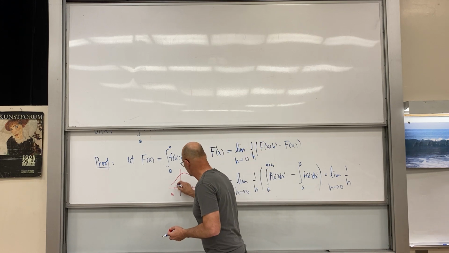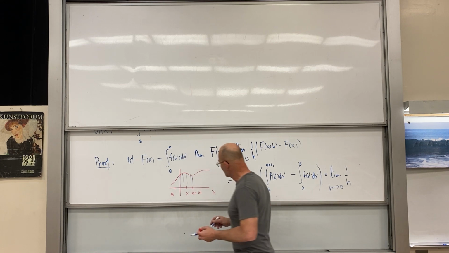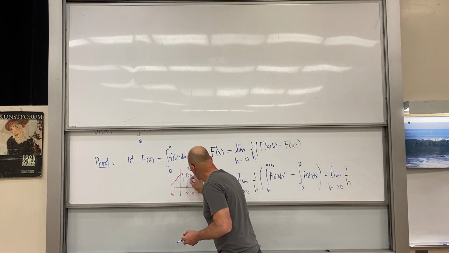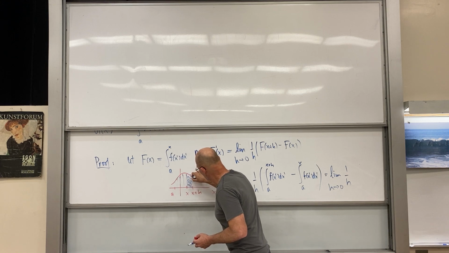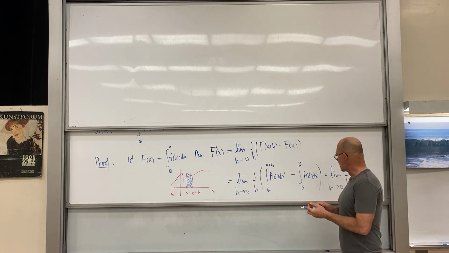So we have the area under the curve, but when we take the difference of those two, it's just one I'm going to draw in a little darker, okay? So that's the integral that we're talking about.